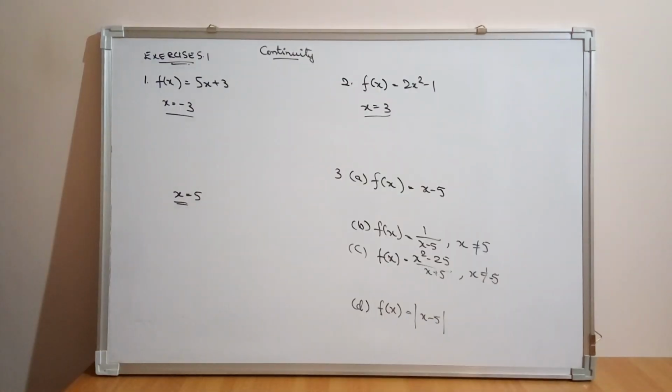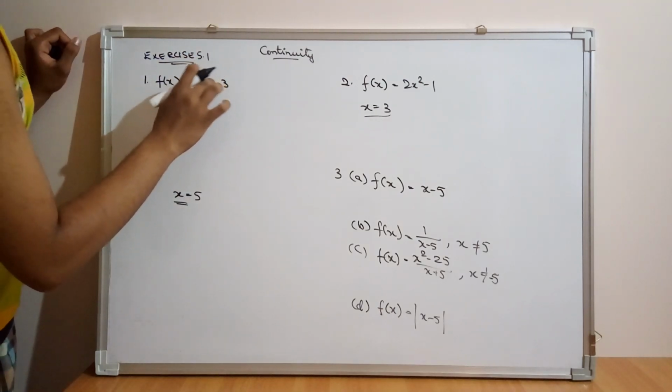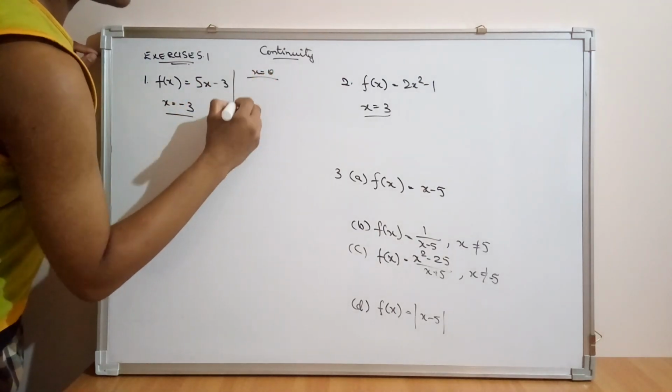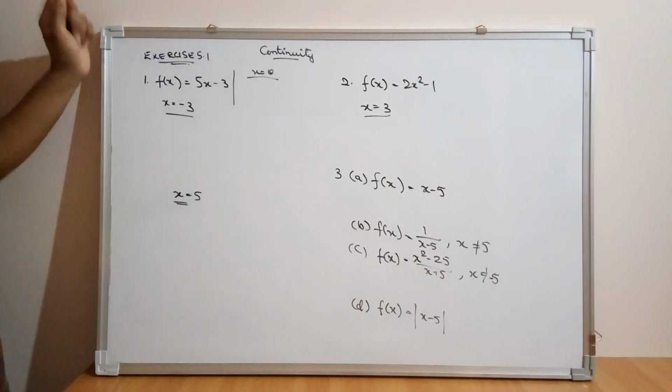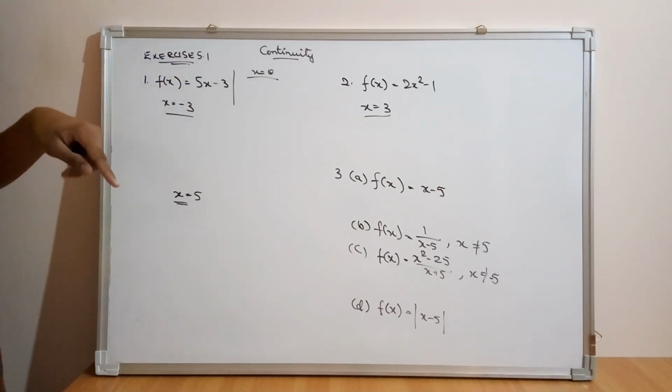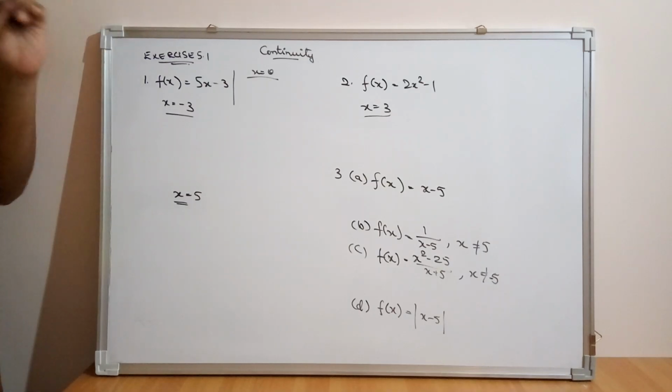Now we have our exercise 5.1. In the first question it is given: prove that the function f of x is equal to 5x minus 3 is continuous at x is equal to 0, x is equal to minus 3 and x is equal to 5. x is equal to 0 is the first case. Since it is a linear function, the left hand limit should be equal to the right hand limit, so I need not bother about finding 2 limits.